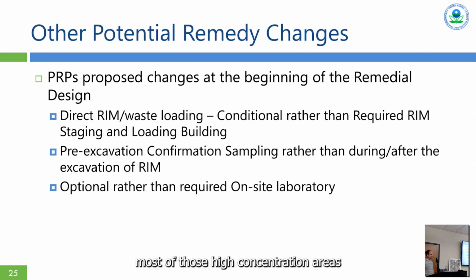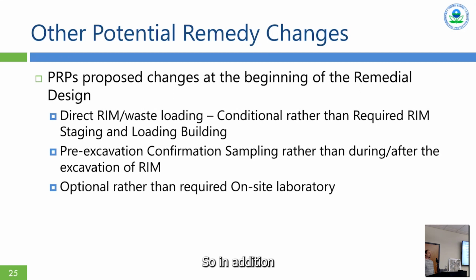Most of those high concentration areas are actually 6 inches to a foot or less. Right. So the shine really made it look like there were higher concentrations. We have the data now, more specific data that shows that these layers are thinner. And so we have less of that high concentration.